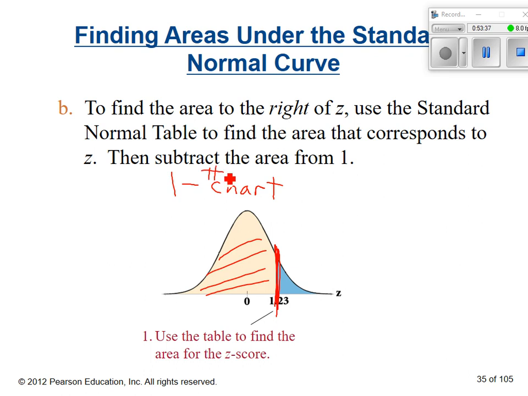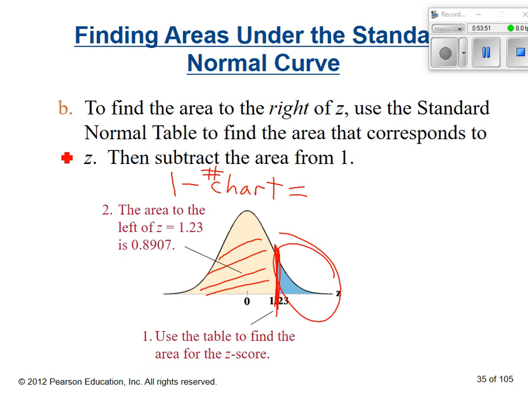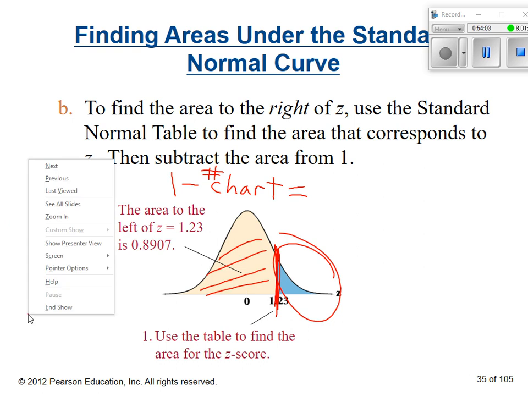So we're going to take 1 minus the number from the chart, and that's going to give us the area that's left out there to the right. Nothing really hard about that. On the chart it said that this yellow area over here is 0.8907. We just subtract that from 1, and that gives us the area out that way.